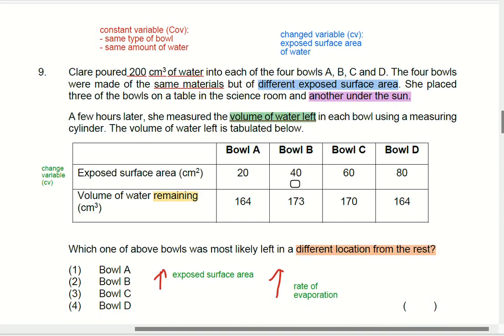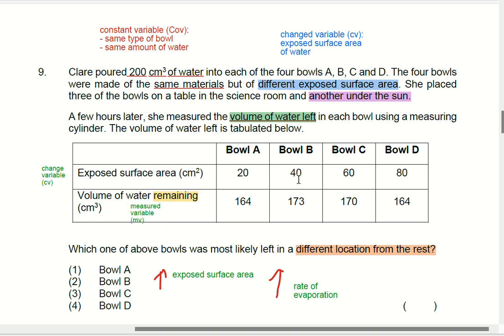So we take a look at the numbers here. The remaining water is actually our measured variable, as indicated here. A few hours later, she measured the volume of water left. So the volume of water left is our measured variable.